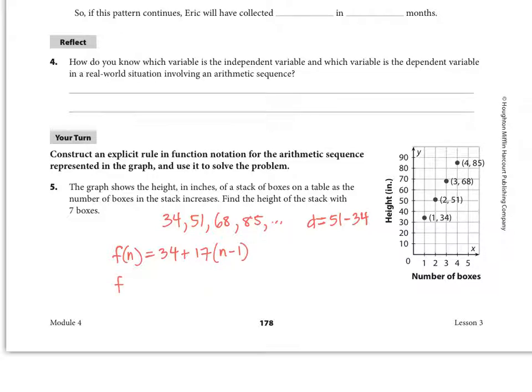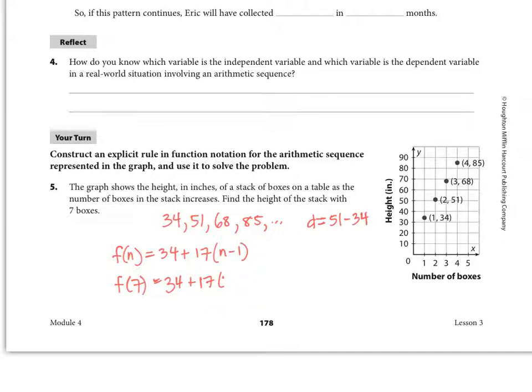And then I want to find the height after we stack 7 boxes. So it's going to look like this. And I'll let you finish it off from there. But it'll be 34 plus 17 times 7. And this is going to represent the height, right? Once I do the 17 times 7, and in fact I actually did that wrong.